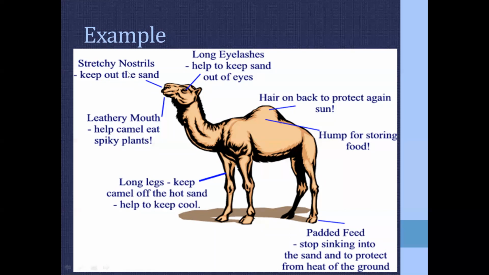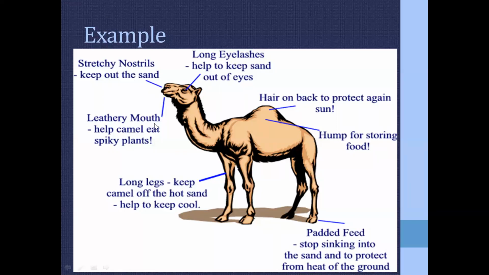Now see, first of all, a camel has stretchy nostrils. You can see these nostrils, they are stretchy, they are long. When they have stretchy nostrils, they keep out the sand. Means the sand will not go inside their body through the nostrils.